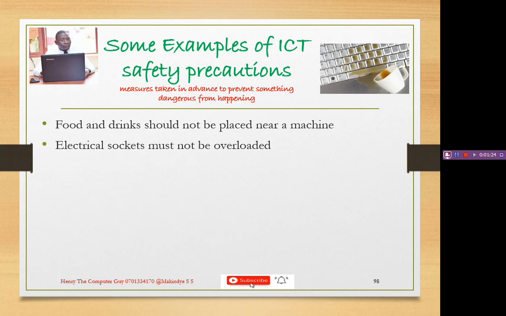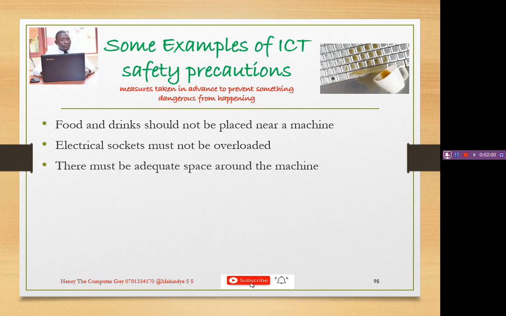So at times, if an electrical socket is overloaded, you'll find it melting, overheating, because it is supplying much more power than it's supposed to do. So it is always advisable to give each computer its own electrical socket to prevent even more problems that can happen, hence losing many of the computers in the lab.